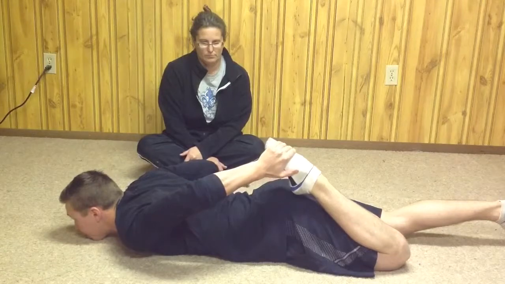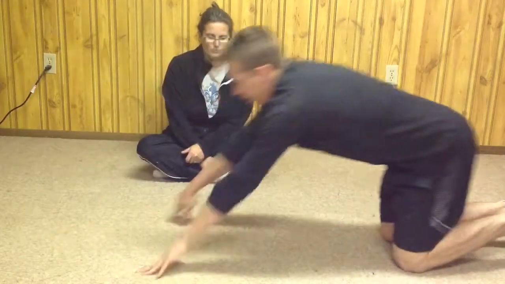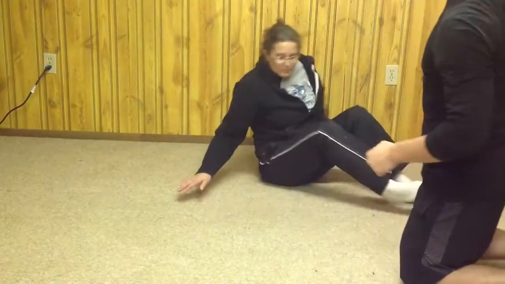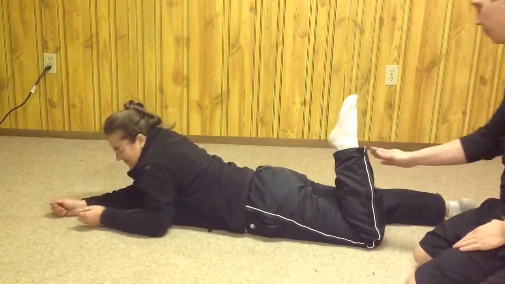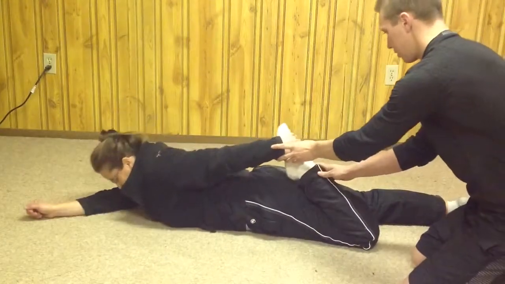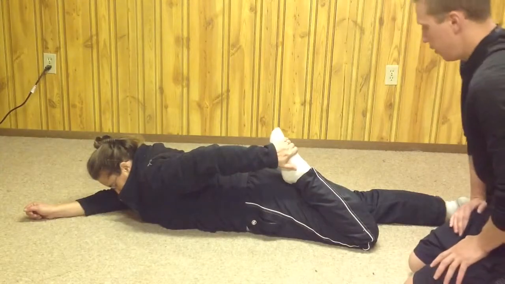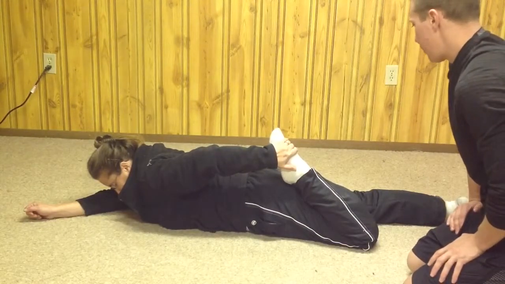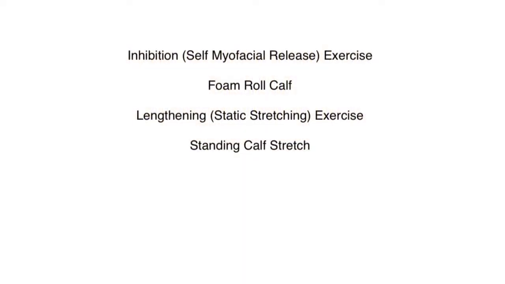Hold for a couple of seconds, and then let go. Okay, we're going to have the client perform the stretch. Lift up, just like this. Slow, gentle. And let go. Okay.